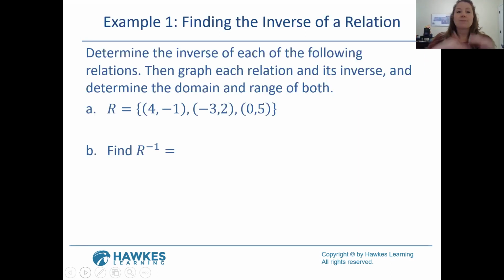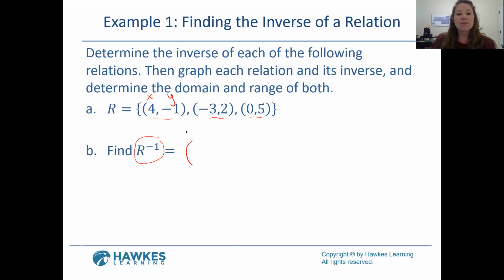values and vice versa. For example, if we have letter R, and these are all of the coordinates of R, then if we are told to find the inverse of R, all we're going to do is simply switch the order of the coordinates.